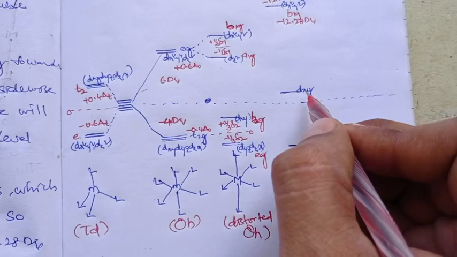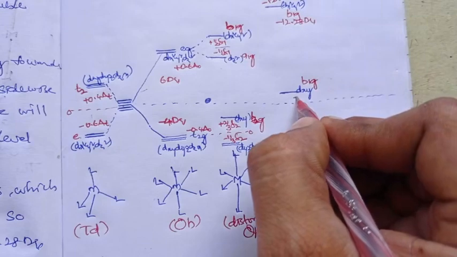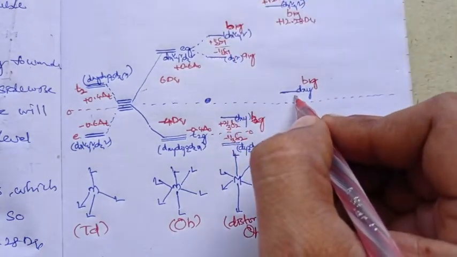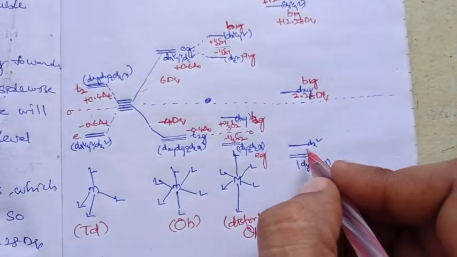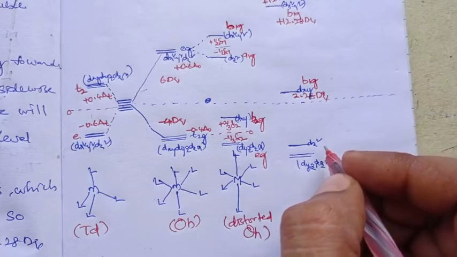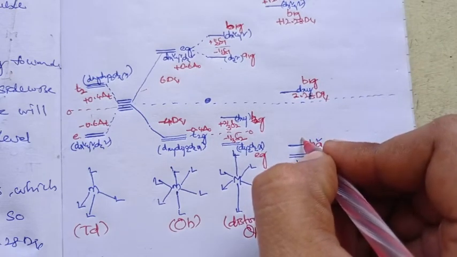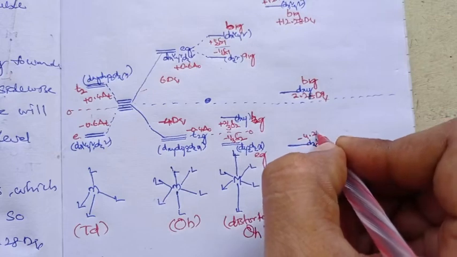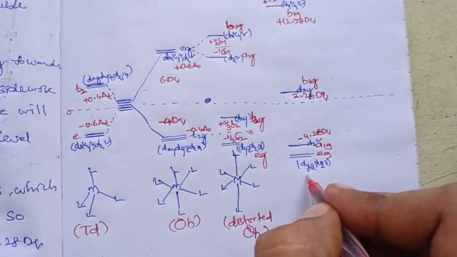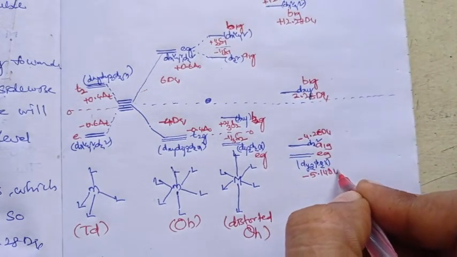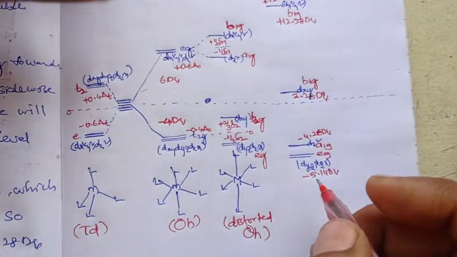The next state, dxy, is represented with B2g and has an energy of plus 2.28 Dq. The dz square orbital is represented with A1g, and its energy is minus 4.28 Dq. The lowest energy state, Eg, has an energy of minus 5.14 Dq.